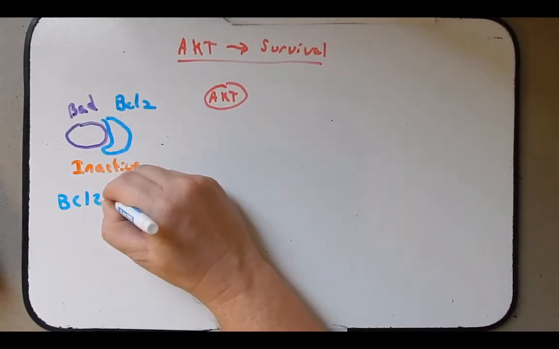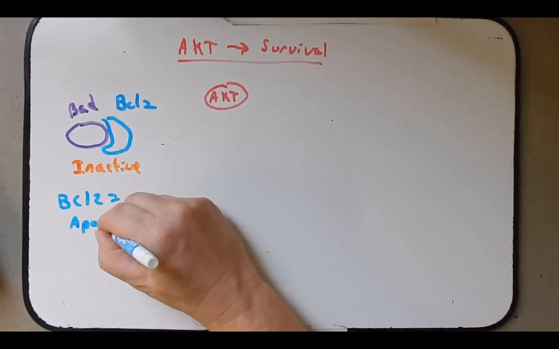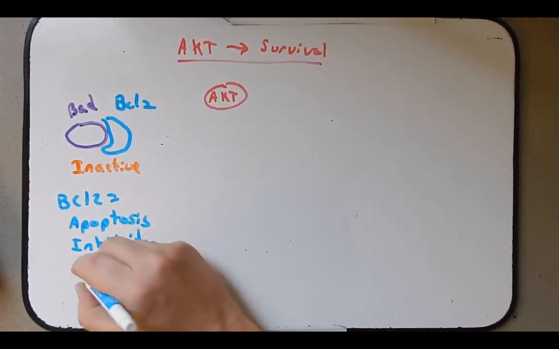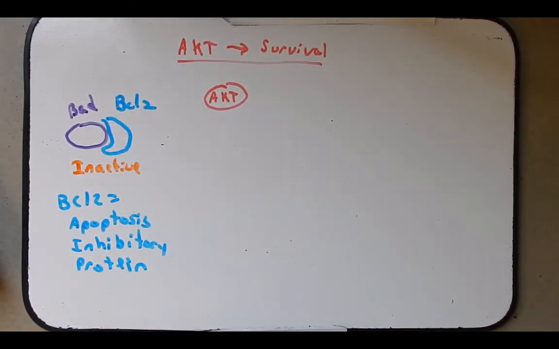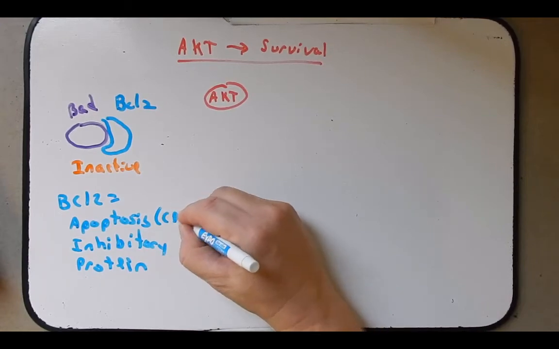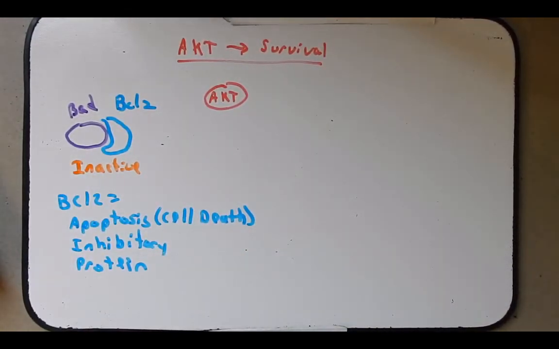BCL2, I should tell you what its function is. It's an apoptosis inhibitory protein. So if we could activate it, it would block apoptosis, or what we just might call cell death. But as long as it's bound by BAD, it cannot inhibit cell death.